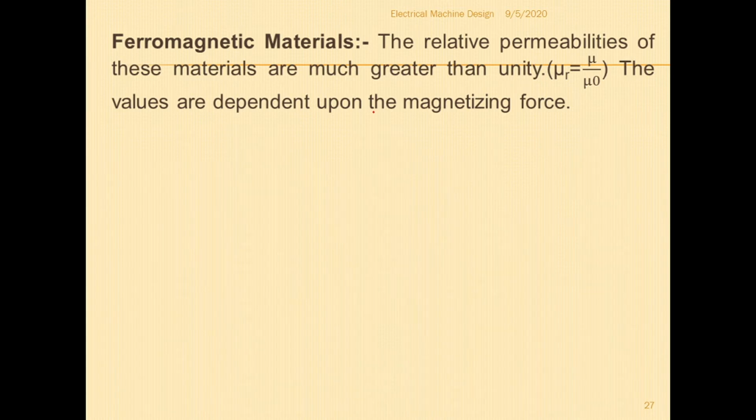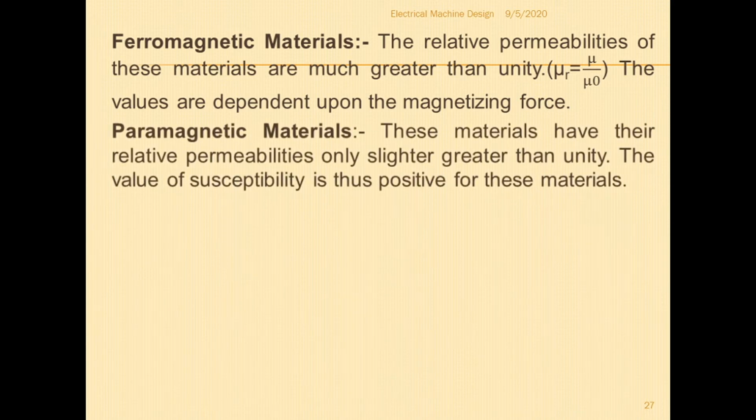So the values depend upon the magnetizing force H. So in design of electrical machines, we prefer the ferromagnetic material because its relative permeability is much greater than unity. That means it is allowing more magnetic field, which supports the formation of magnetic field.